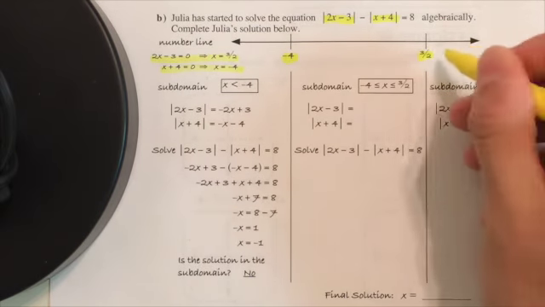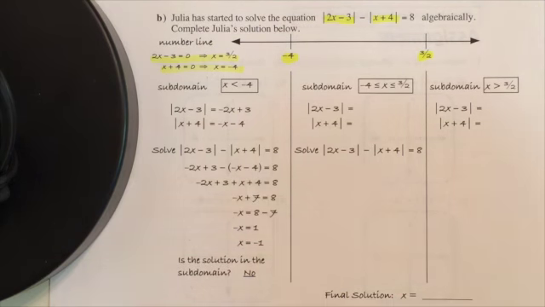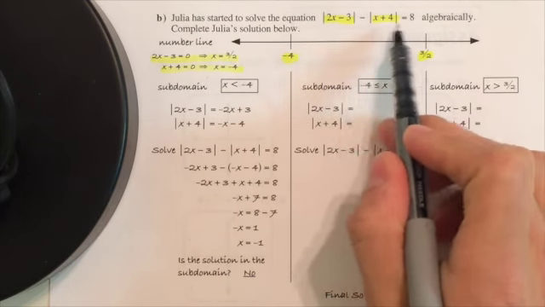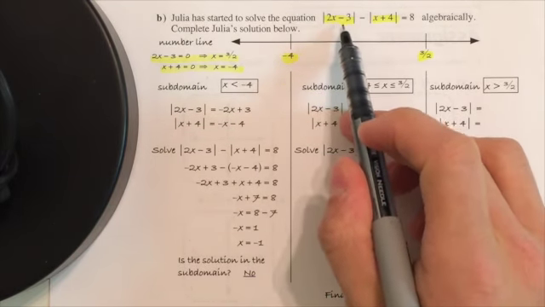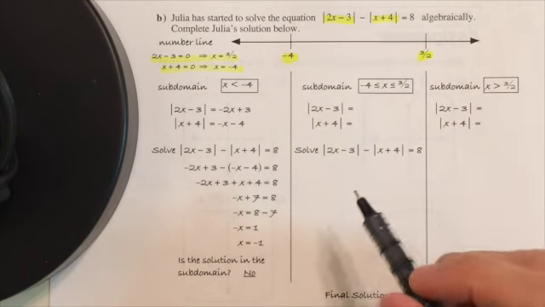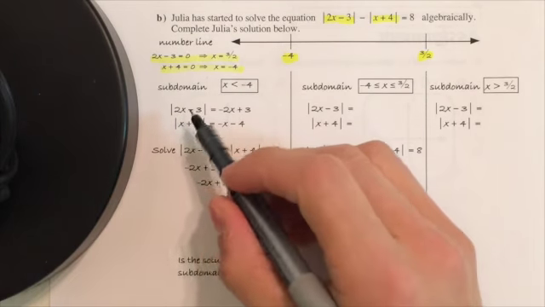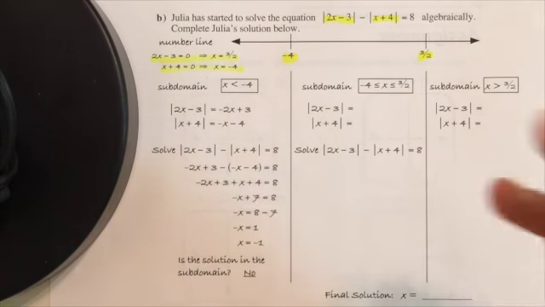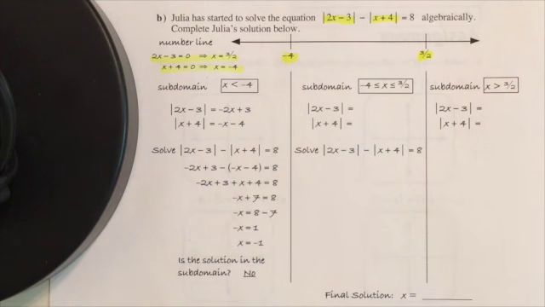Okay, so what we're actually doing is, because we have two absolute value equations, 2x minus 3 and x plus 4, when we're solving these algebraically, what we need to do is think about the positives and the negatives, right? Because we're working with absolute values.